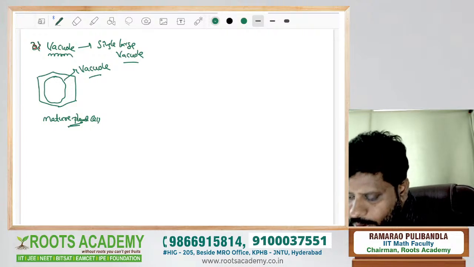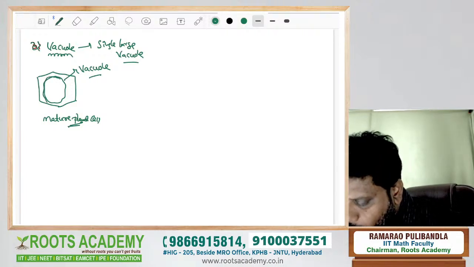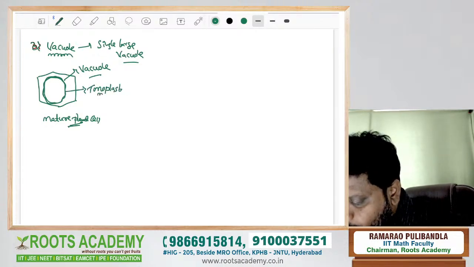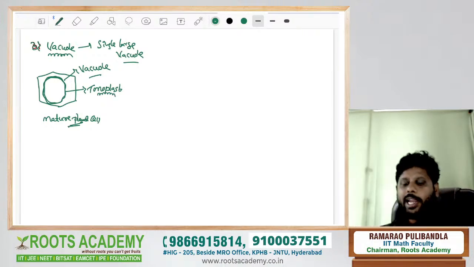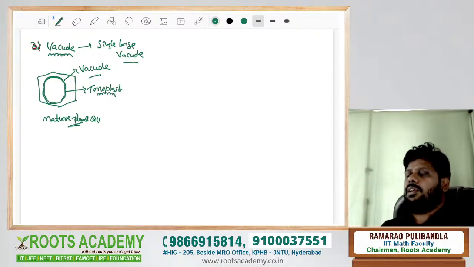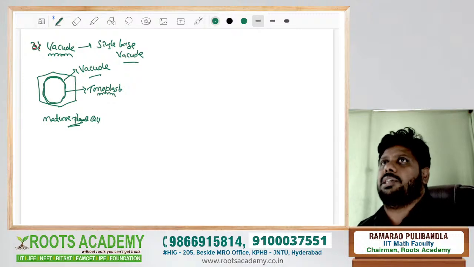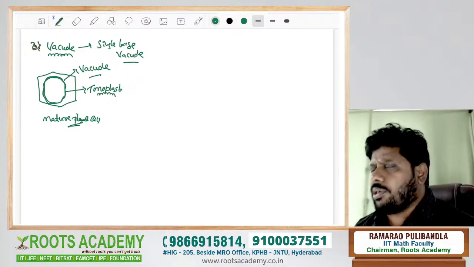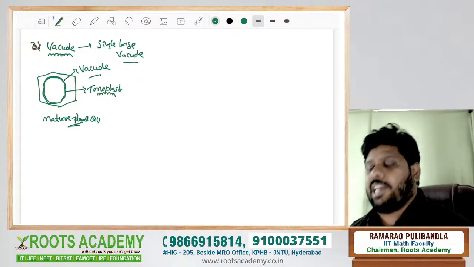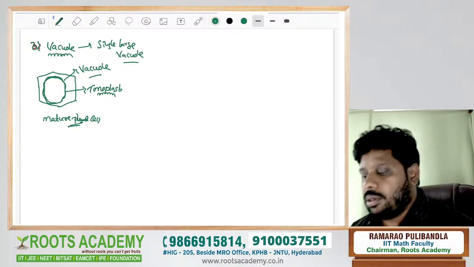See, listen, this vacuole is surrounded by only one layer. That layer is called the tonoplast, a very important one. The single large vacuole is surrounded by only a single layer, called the tonoplast.